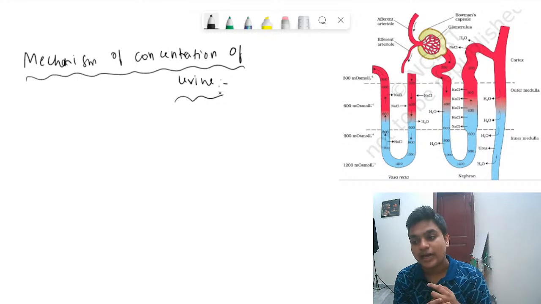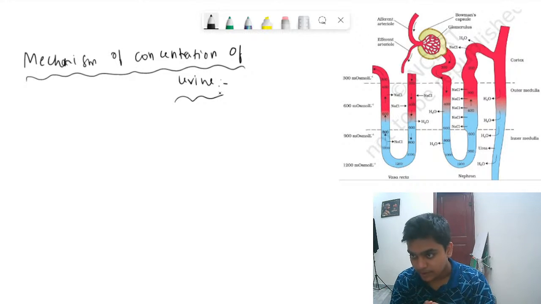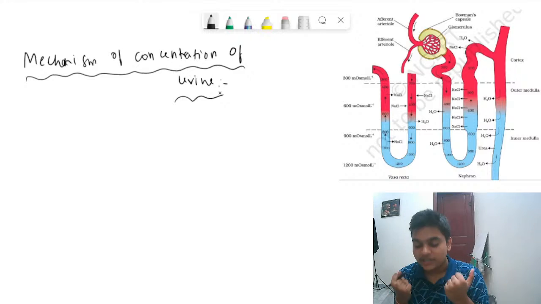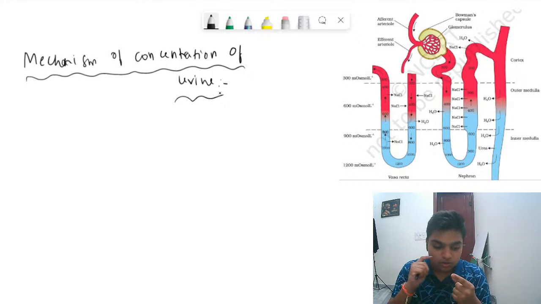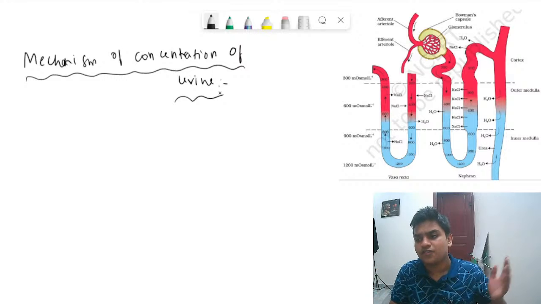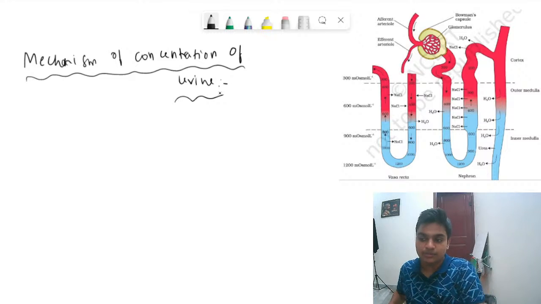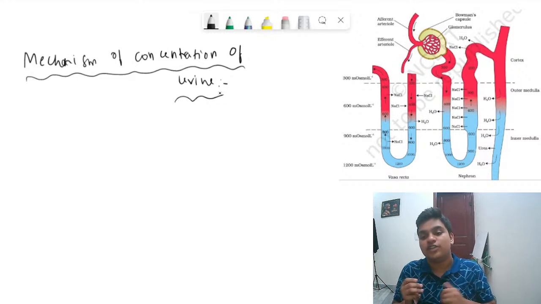Our mechanism has adapted so that it can regulate the ionic balance and the pressure. But why we require reabsorption is in order to save the essential nutrients like glucose, amino acids, different salts like NaCl, and urea. In order to save these from being excreted, we have the mechanism of reabsorption.